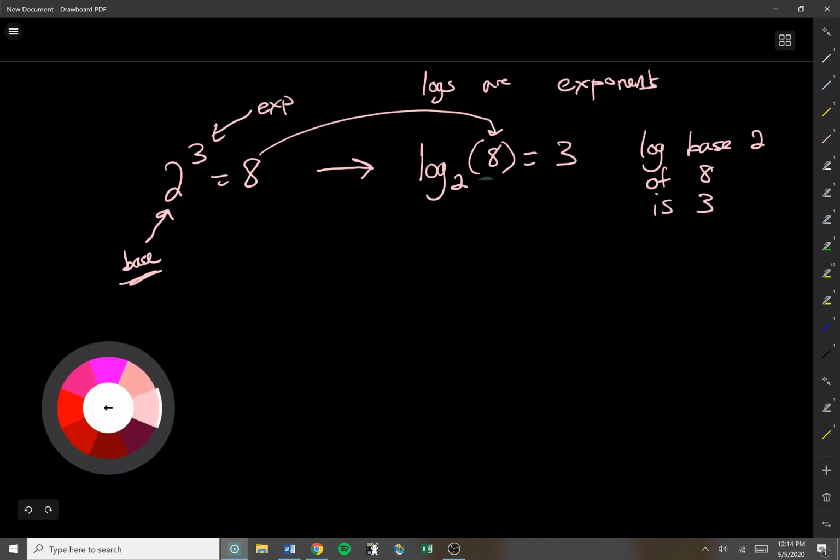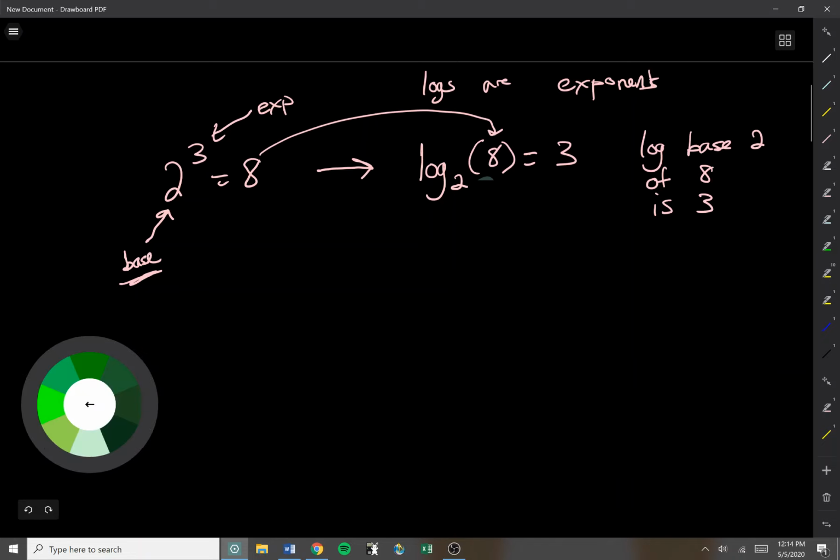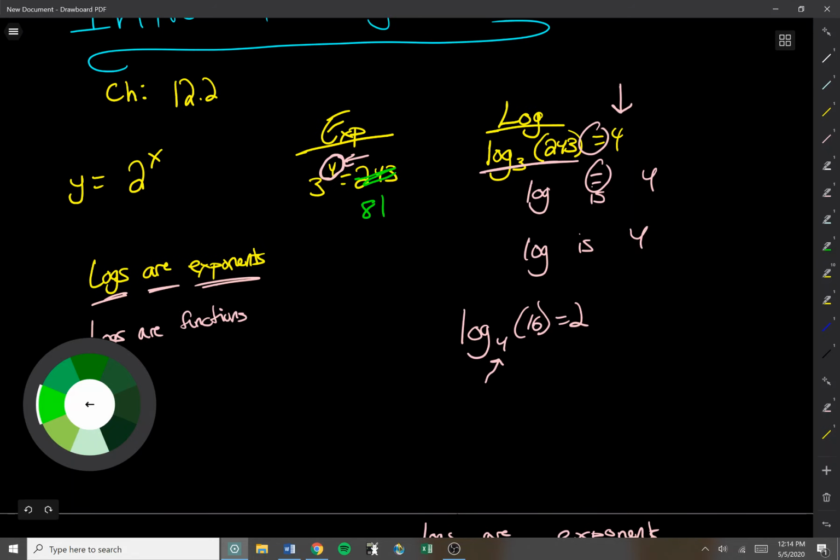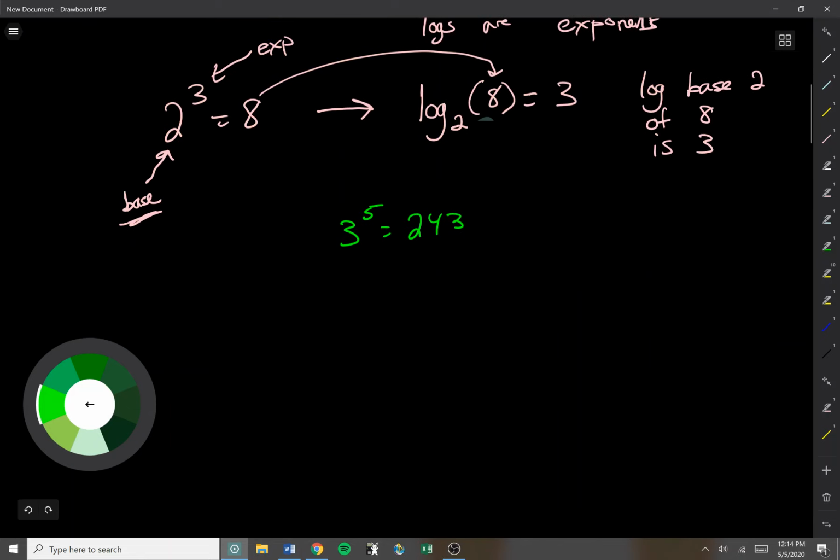So let me do lots of conversions to practice this. If 3 to the 5th is 243, which it is, so I was wrong up here. 3 to the 4th is 81. Oh well. Let's skip the 3's for a while. 2 to the 5th is 32.